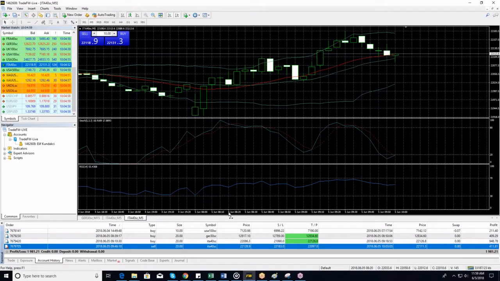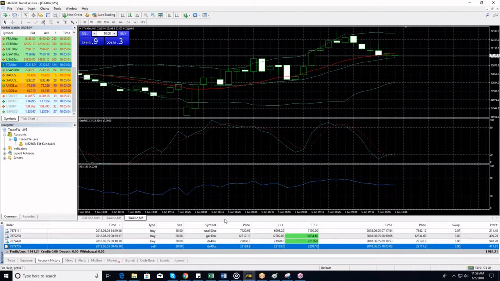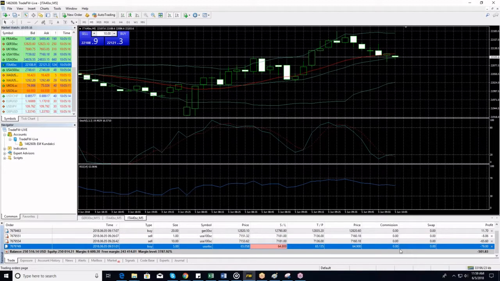So a short recap. We closed some very nice profiting positions. Again, Bella Italia provided us today nice profits. Also, DAX provided us some profits. We still have positions open on DAX and Nasdaq. We have some open position on Nasdaq over there.